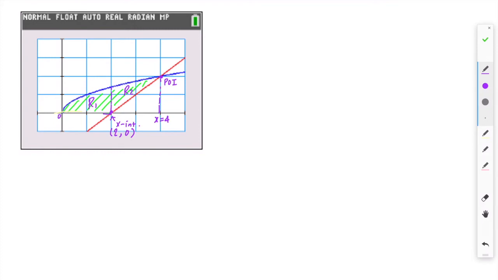Now let's find the area of region 1, which is marked between the x-axis and the function y equals the square root of x, between 0 and 2. So we have the integral from 0 to 2 of square root of x dx. This is x to the power of 1/2.